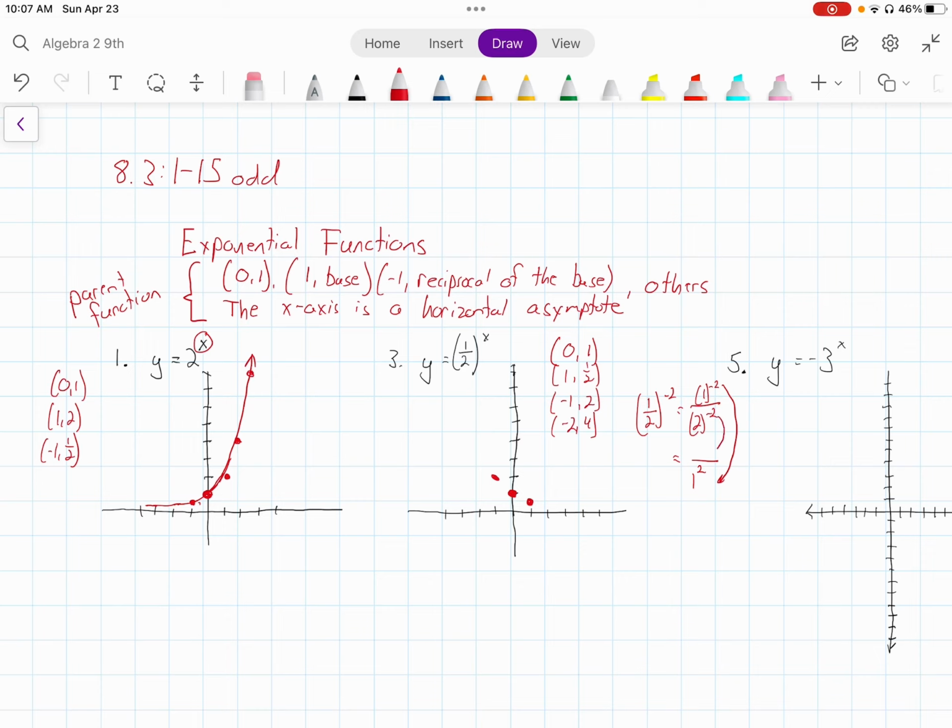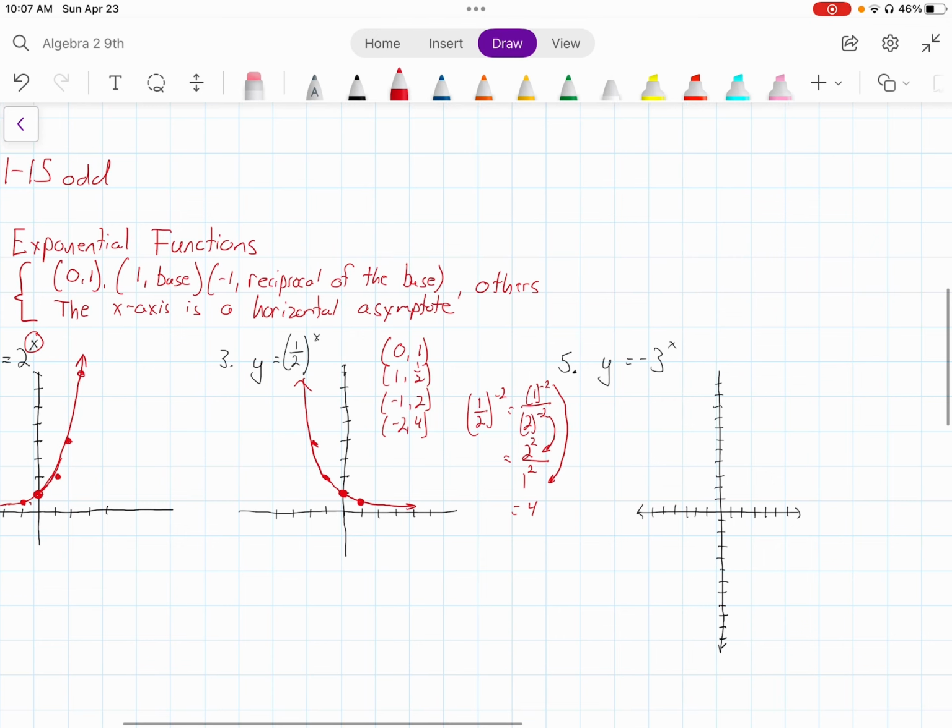If it's in the denominator, it moves to the numerator, and the exponent becomes positive. So this is just 4. And so then we can graph it. We know that the x-axis is a horizontal asymptote. And we actually see 1 and 3 are kind of mirrors of each other over the y-axis.